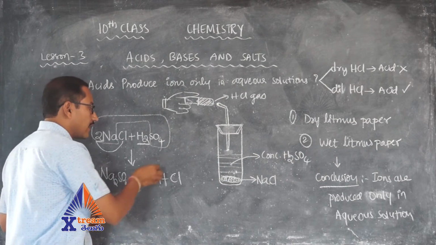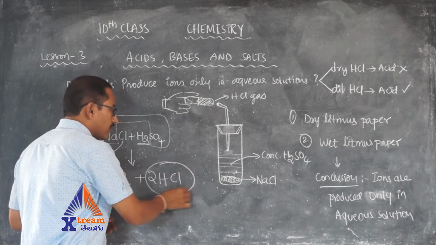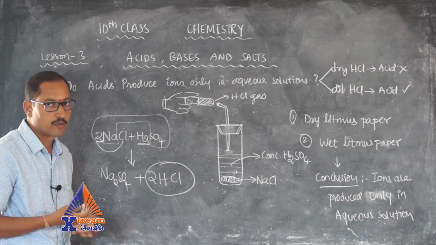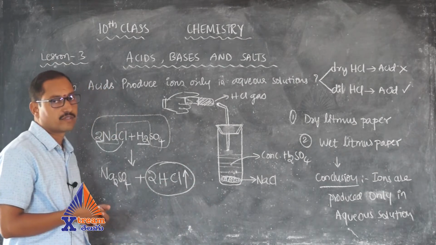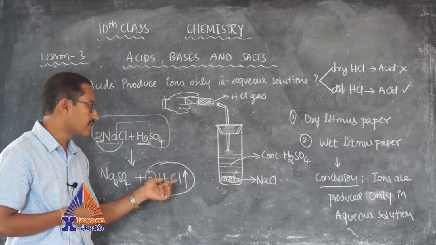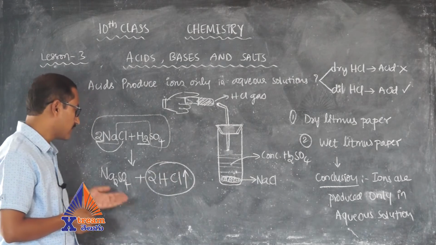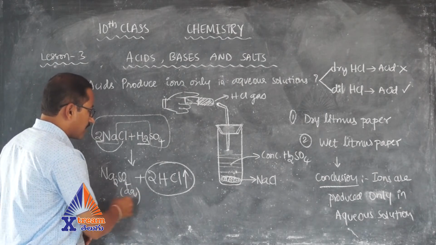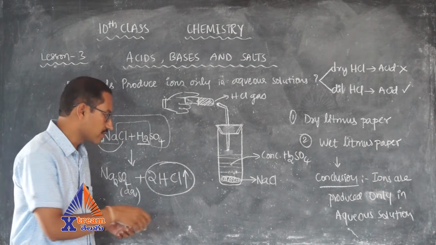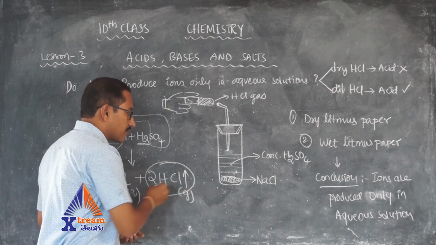Now here an interesting thing is, this HCl is not an aqueous solution, but it is present in the form of gas. That is, HCl gas is produced, whereas Na2SO4 is an aqueous solution. This is gas.